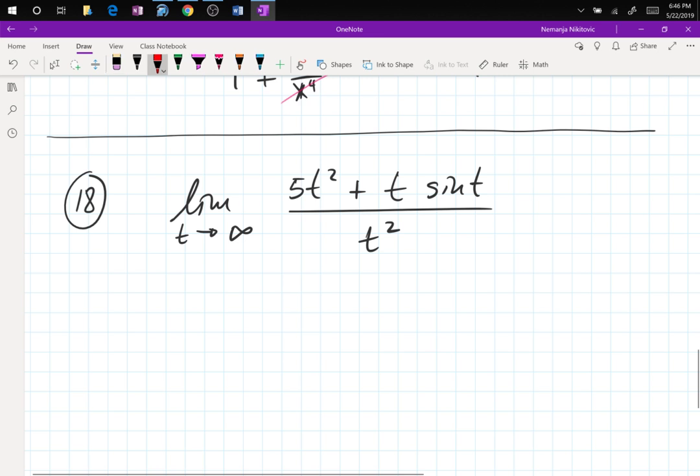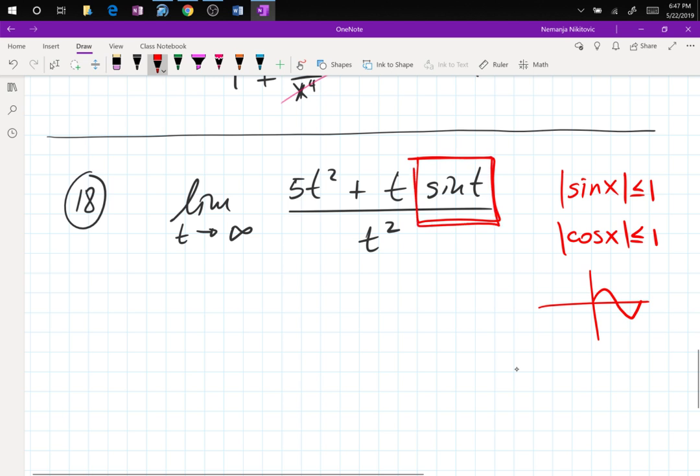See, sine x is bounded by 1 and cosine x is bounded by 1 because they never go higher than 1 or lower than -1. So the most this can be is 1. It cannot be 1.7, it cannot be 10, it can only be 1 at most.